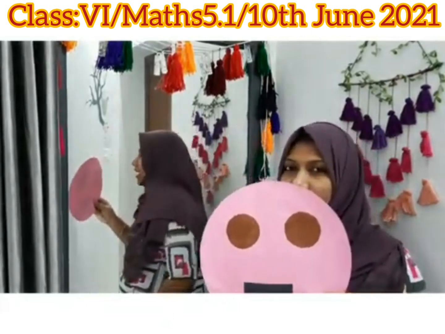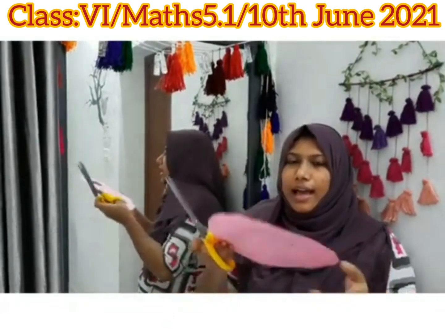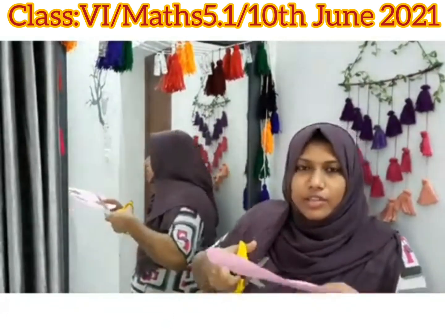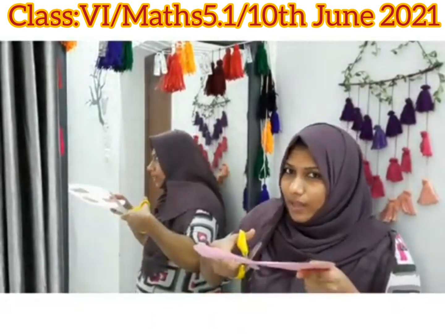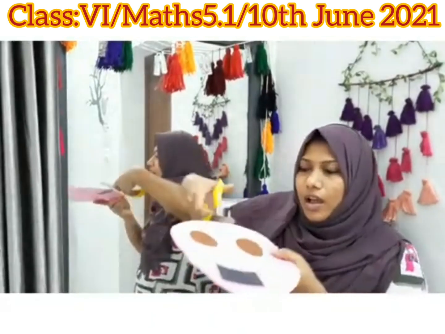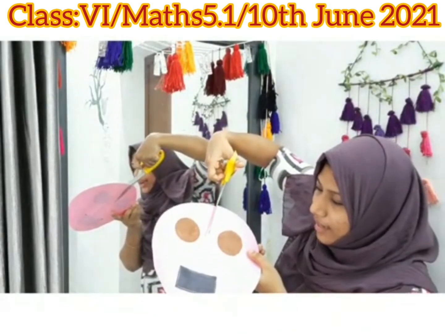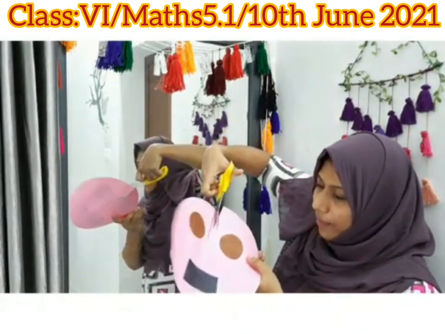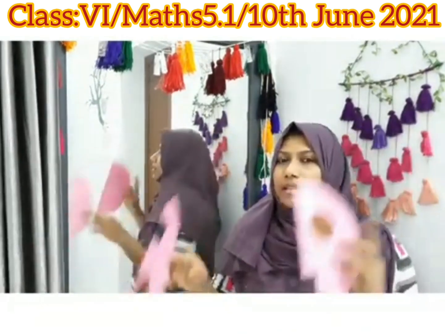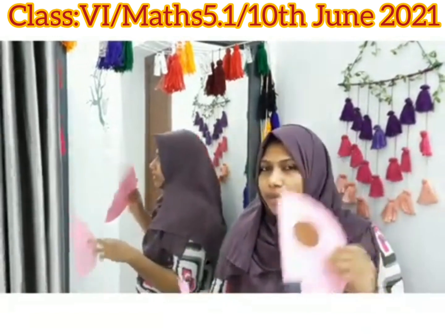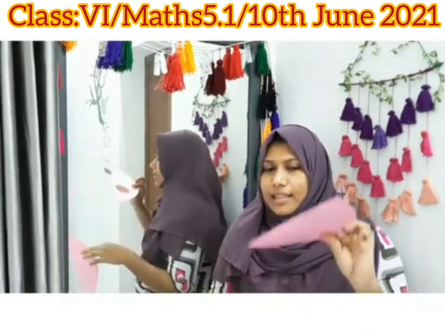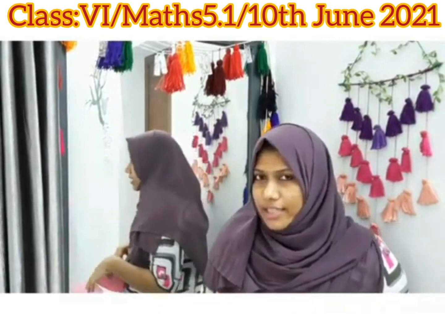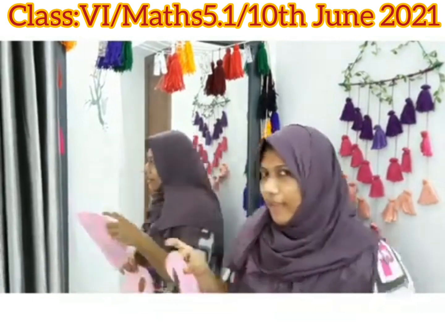So here I am cutting this circle into two equal halves. I will cut through the center point. So this part will be the reflected image of this part. This half will be the reflected image of this half. We can check.